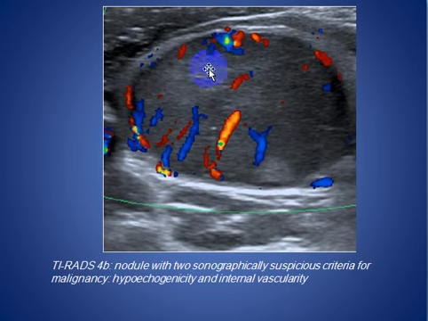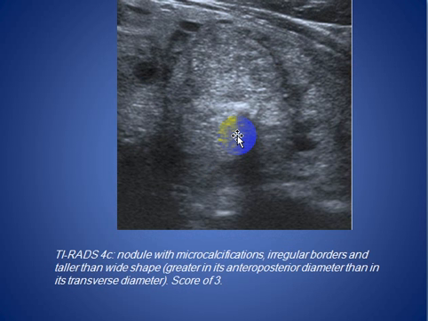And here this is another nodule, well defined, a little bit hypoechoic with increased vascularity, and this is type C. You see an irregular nodule with microcalcification, and the anterior posterior diameter is more than the transverse diameter, and this is score 3.